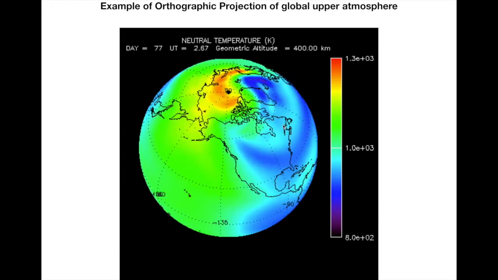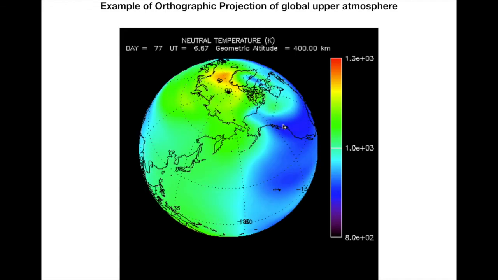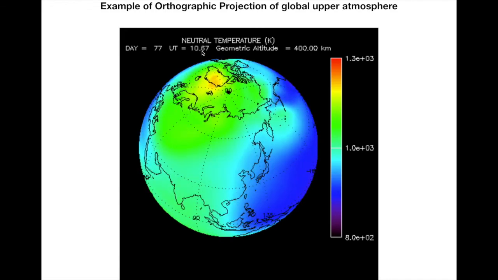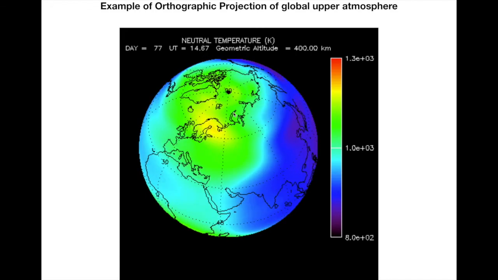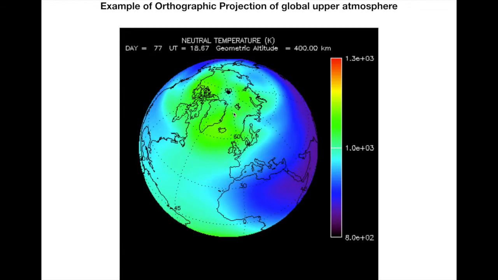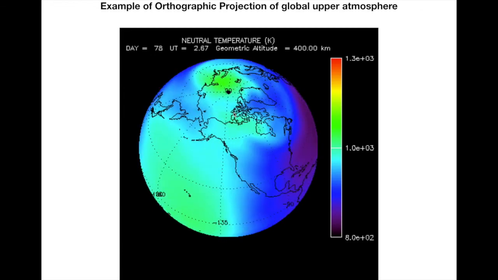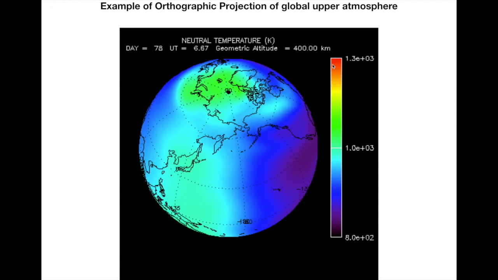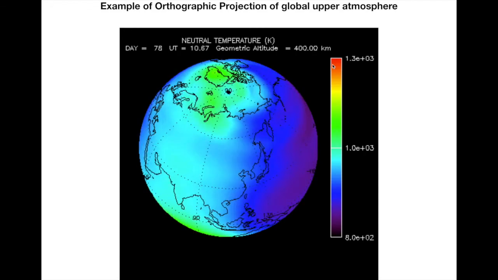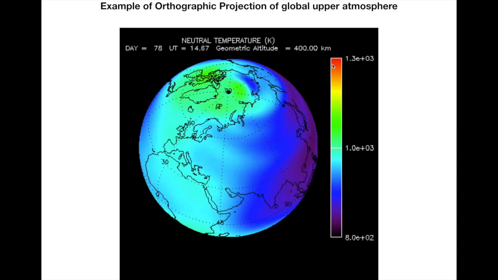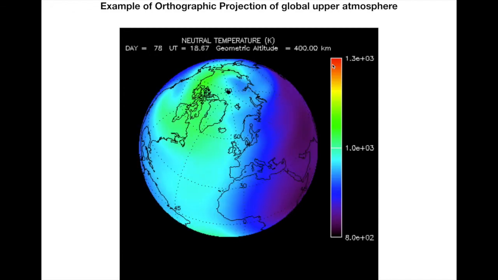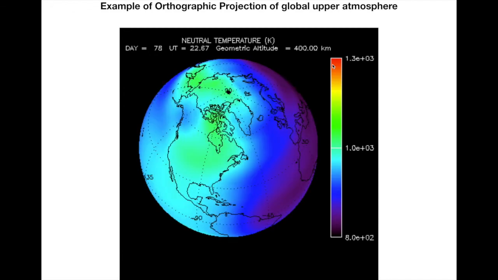I create a map at each time step, and at each time step my viewing point is changing because the Earth is rotating. At each different time step, I change the view and also change the data, giving each data point different colors. These are filled contours or pseudo color plots, and we will learn that later.